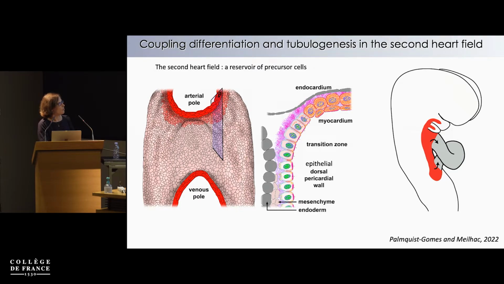The transition zone is highly cohesive, and so overall you have a coordination between the differentiation of the cells and the morphogenesis, the tubulogenesis. And one particular aspect is that the cells which are undifferentiated abut the endoderm, and when they form the tube, they will detach from the endoderm.